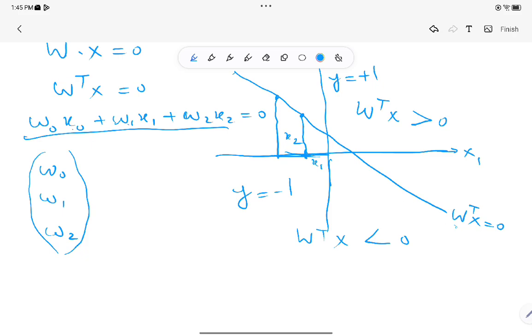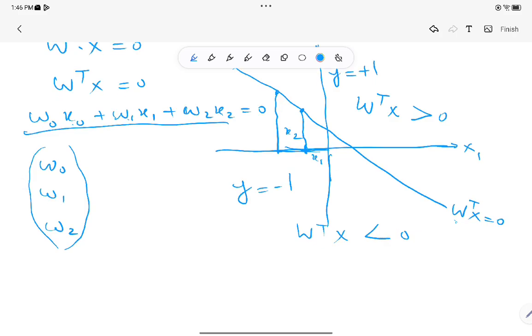This line is called a hyperline, or it is better to remember hyperplane. We will discuss that later on. For the time being, it is simply a line, not a plane. So what is machine learning all about? It is about determining these true weights. Actually only two of these are weights.